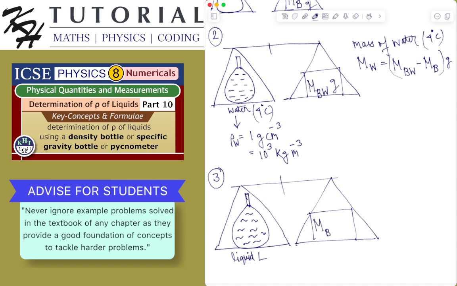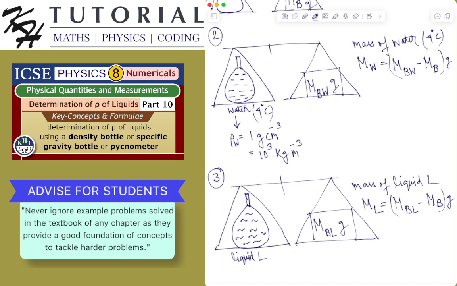BL means bottle plus liquid, and BW means bottle plus water. So let's say this is MBL gram. So at this stage, we can also clearly say that the mass of liquid L, let's say we denote it with ML, will be equal to MBL minus MB, this much gram.